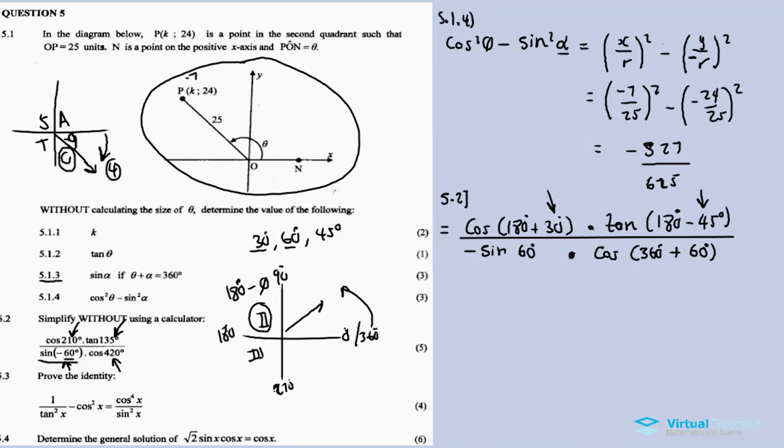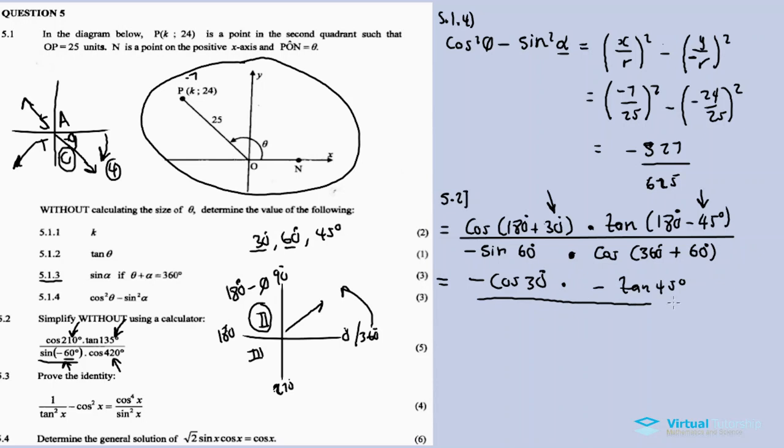420 degrees. Boom, with the reduction formulas, what must we do? Let's solve. Equal to cos 180 degrees plus, where do we get it? Here in the third quadrant, and in the third quadrant cos is negative, so it's negative cos 30 degrees times tan 180, it's negative tan 45. 180 degrees minus 45, where do we get it? In the second quadrant, and in the second quadrant tan is what?